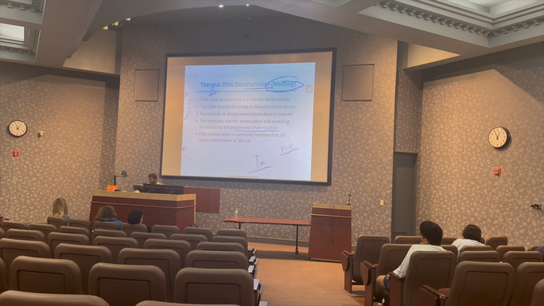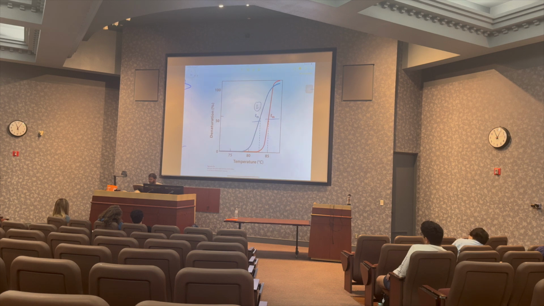Okay, so this is the melting temperature. It could vary in different samples. Which one has a higher melting point, this one or this one? This sample is 1 and this is 2. Which one has the higher melting temperature? 2, because this is 85 and this is somewhere between 85 to 87, where 50% of the DNA is denatured.